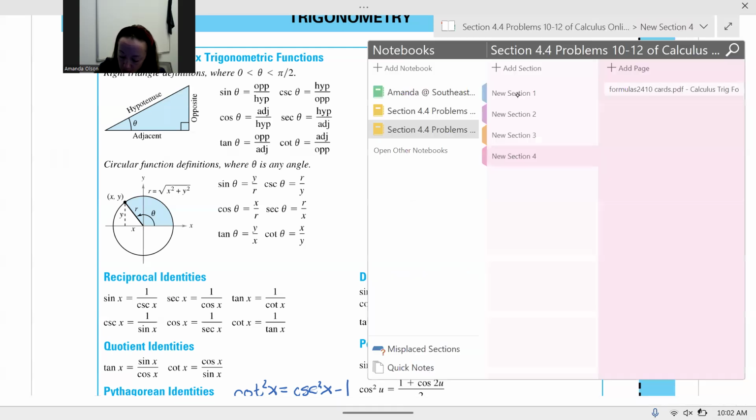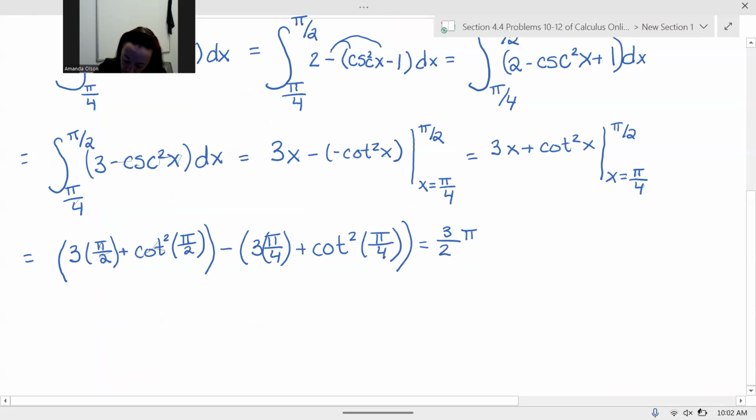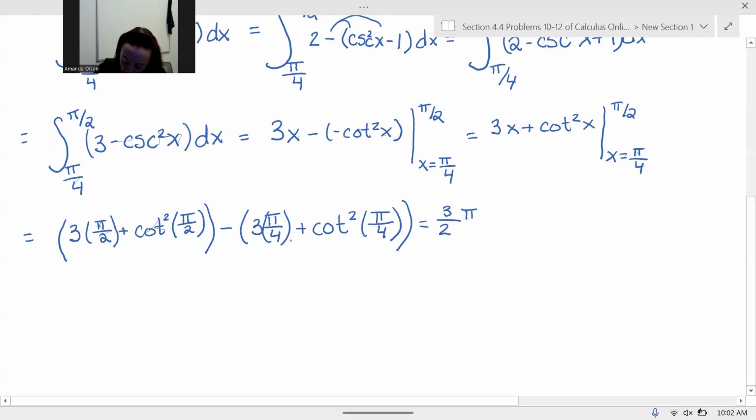Okay, so we have 3/2 pi, plus 0, minus 3/4 pi. And then we said that cotangent of pi over 4 was 1, so we distribute that negative, and we have a minus 1.